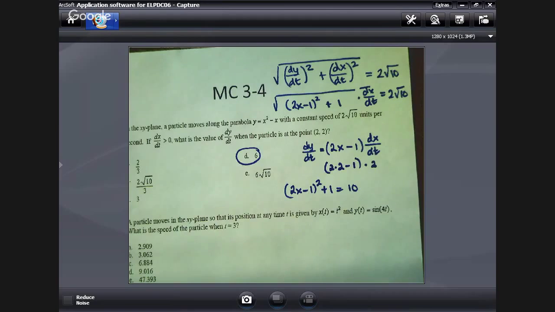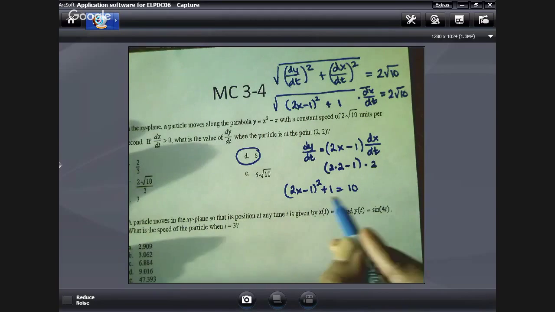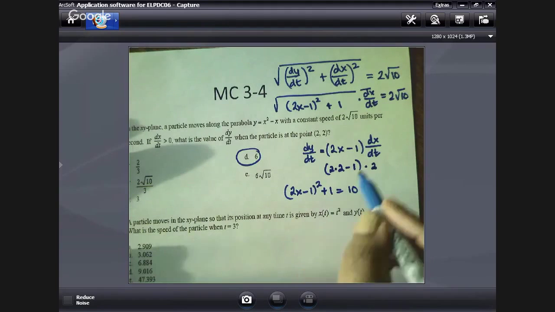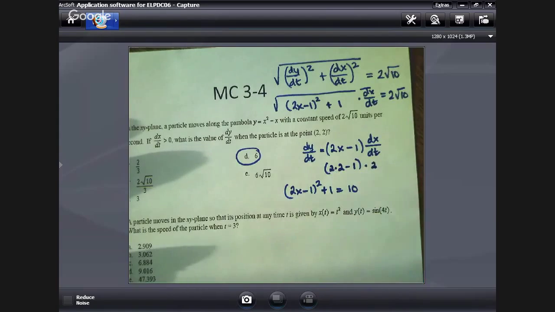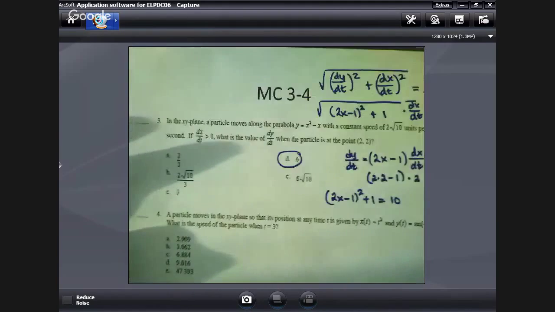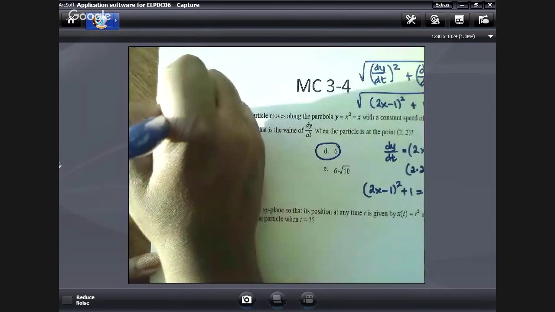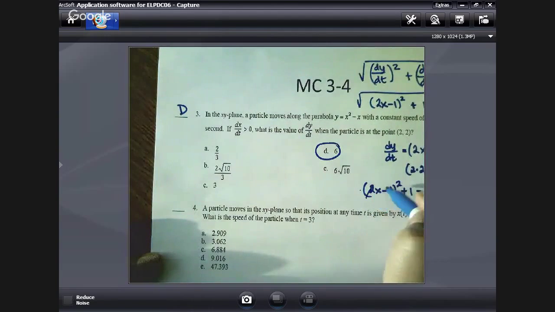Now I'm going to check because I think I have the answers around here somewhere to make sure I have the right answer. I'm not too confident in myself with that problem. Yay, I am right. I was going to do some more work here and then realized I don't need to. If I just said dx/dt is equal to 2, I could just start plugging stuff in and get my answer. So my answer to number 3 is D. I didn't need to do this part right here.